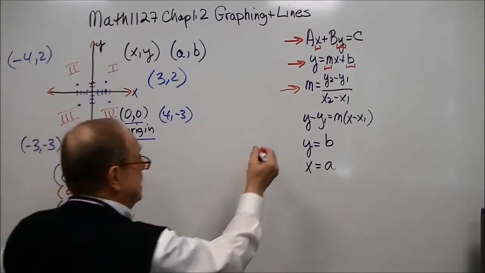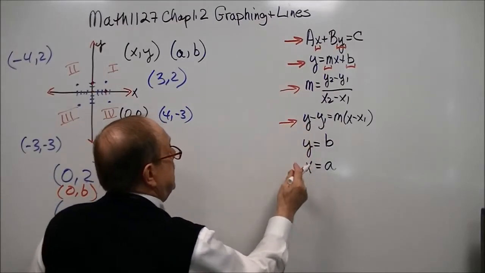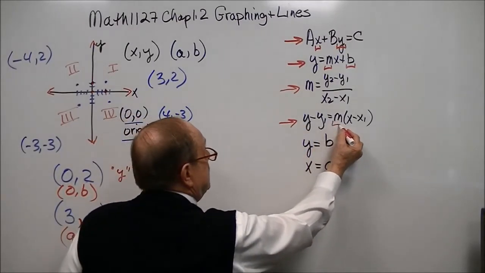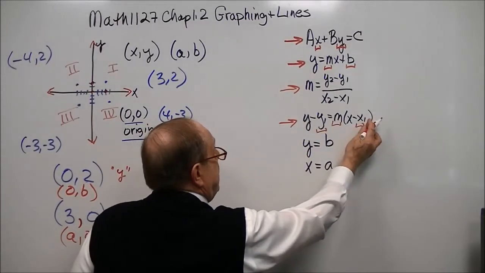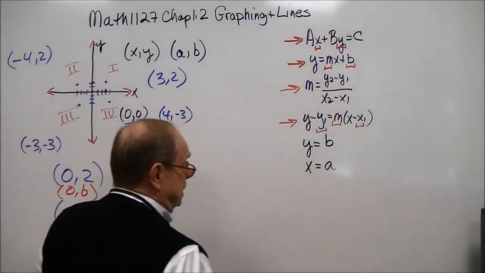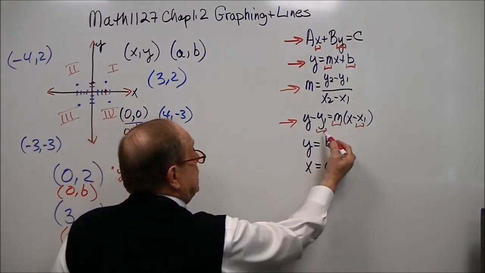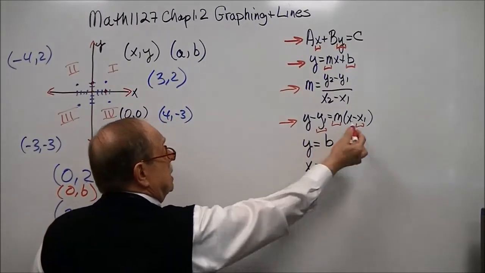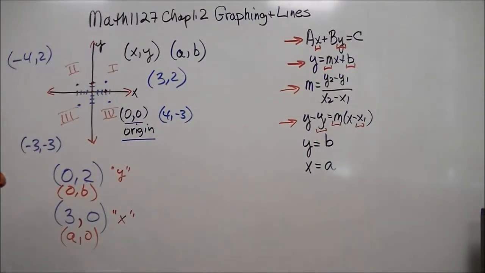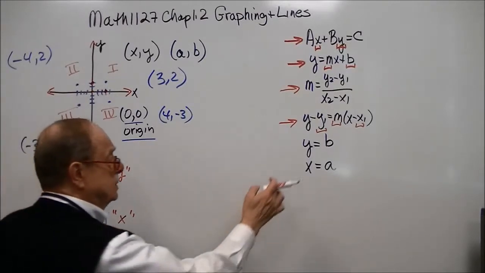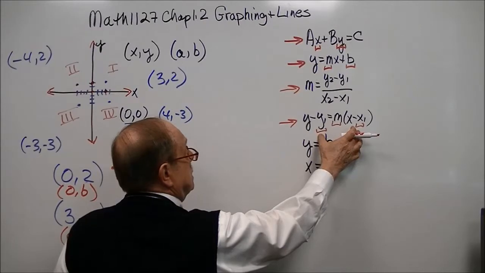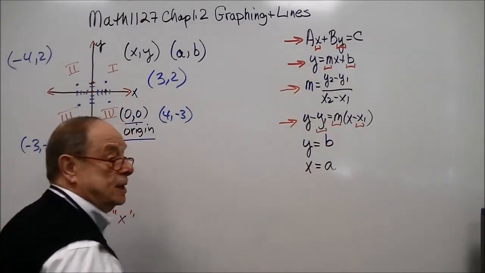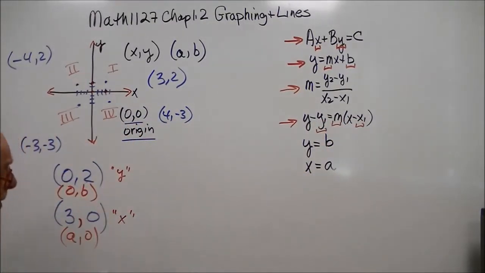This equation is another special one. Since we have the slope and one point, x sub 1, y sub 1, this is called the point slope form of the linear equation in two variables. If we know the slope, and if we know one point, we can actually develop an equation using that formula.